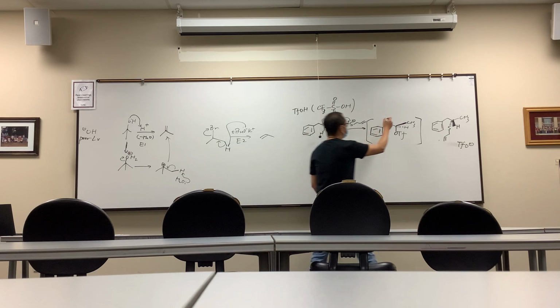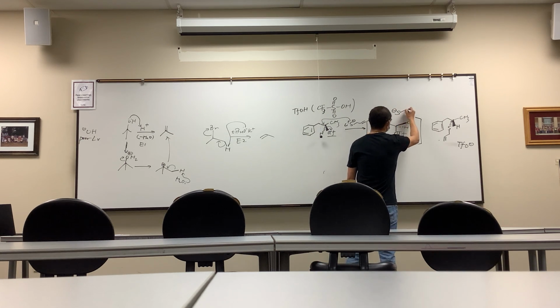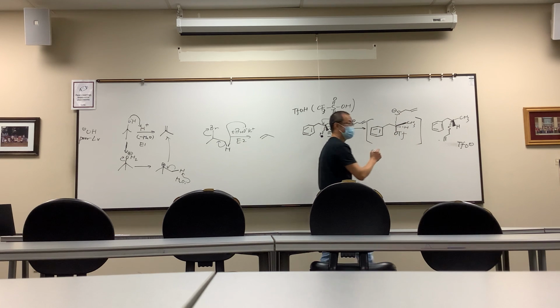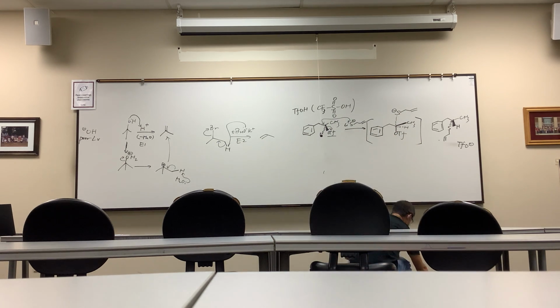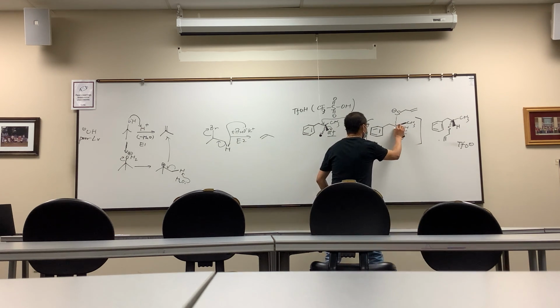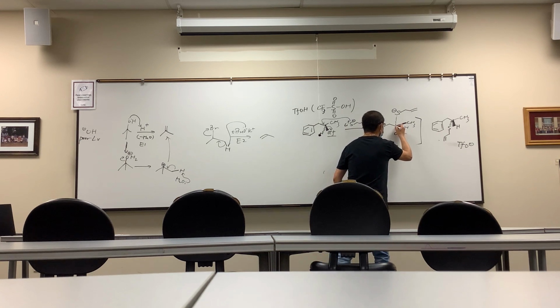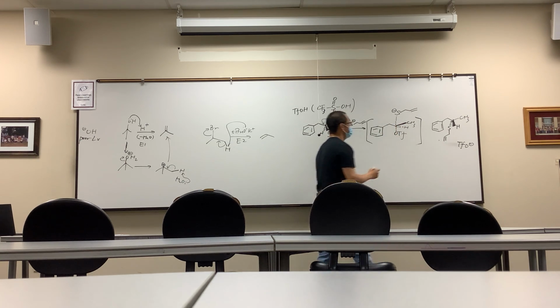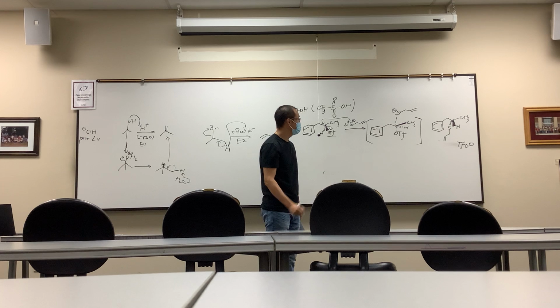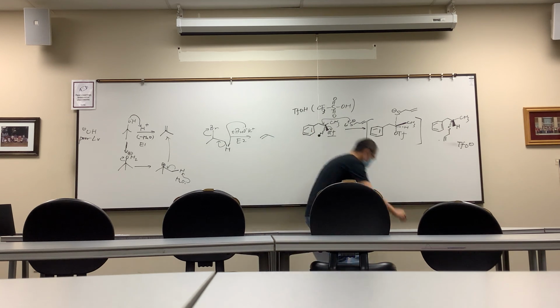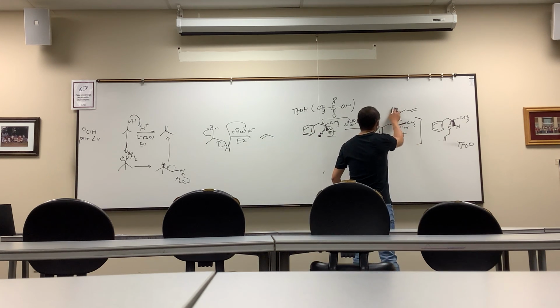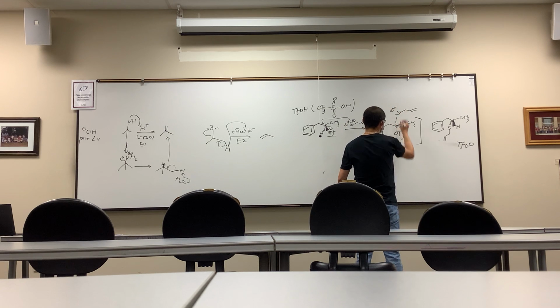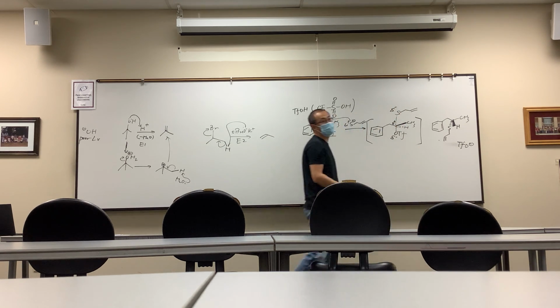The nucleophile now, S minus, has to partially attack, and this guy is now partially broken. See that? That's the transition state. Of course, the charge will be partial minus, this one partial minus, this is partial plus. If you want to show the charge, you don't have to.